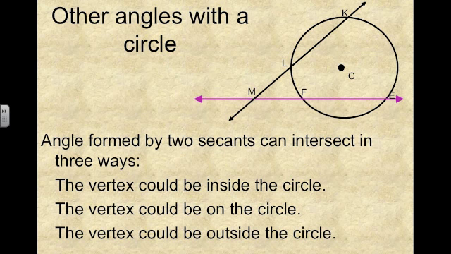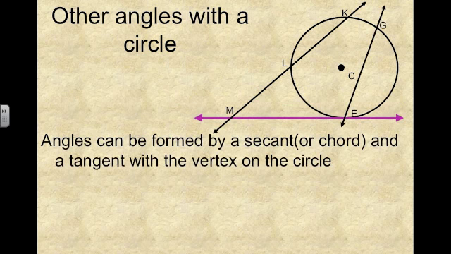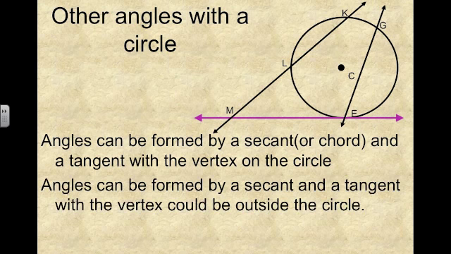We still have to be able to figure out the measure of each one of these angles. And this always comes back to the triangles, but we can simplify that process. Now, angles can be formed by a secant or a chord and a tangent. If a secant and a tangent form the angle, the vertex can be outside the circle. But with a tangent and either a secant or a chord, the vertex can be on the circle.